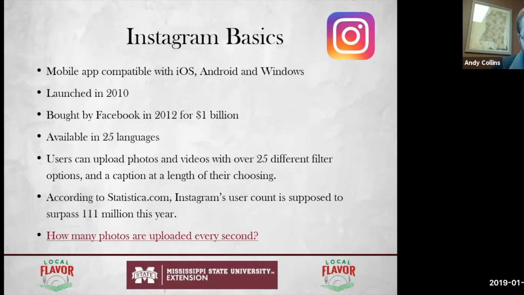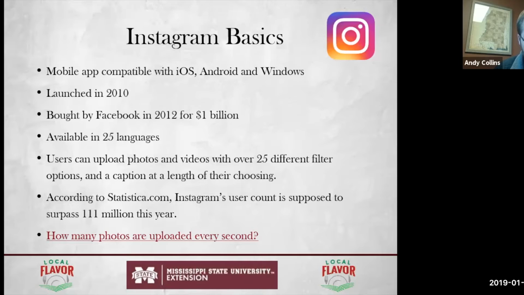Some Instagram basics. It started off initially as an app for Apple, Android and Windows. It was launched in 2010. Facebook did buy Instagram in 2012 for $1 billion, with a B. A lot of money, but I just saw today that it looks like Instagram is going to be a $14 billion company this year, so pretty good return there for them.